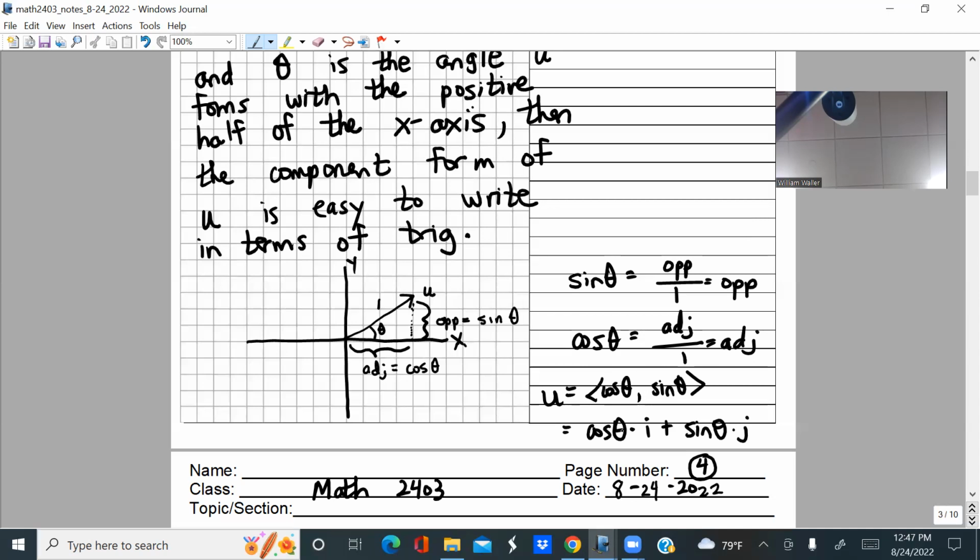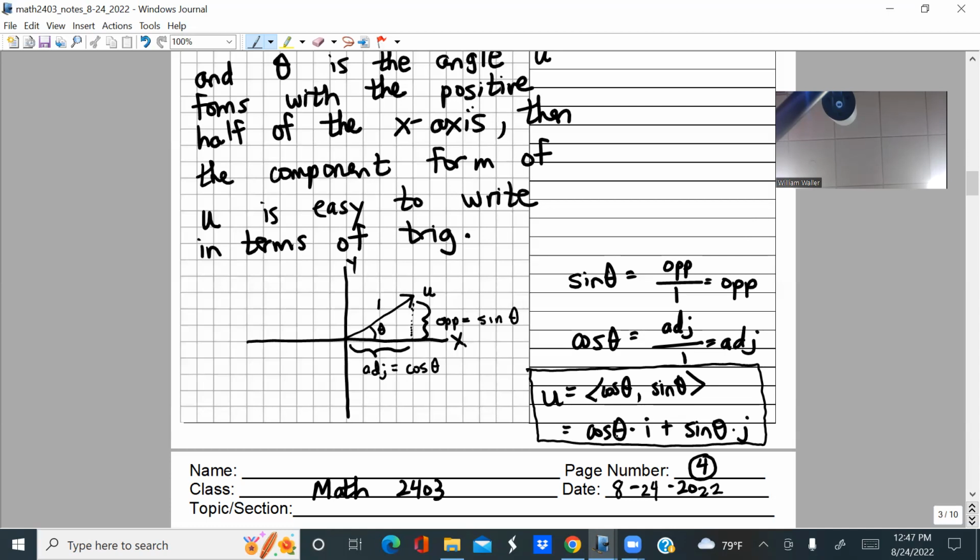Now, if you want to take that and put it in standard form in terms of i and j, well, you get cosine of theta times i plus sine of theta times j, right? Ooh, that's really kind of an important equation there. So for a unit vector, here's how you can always write down its representation.